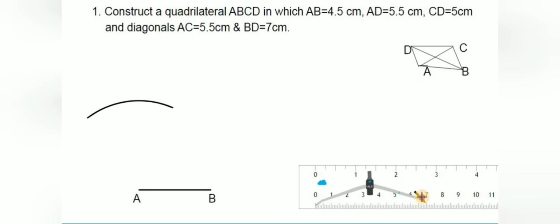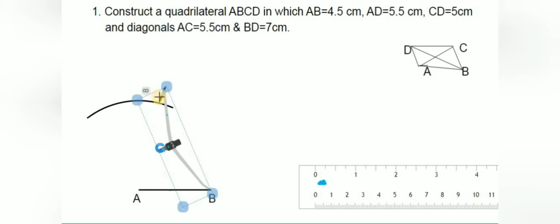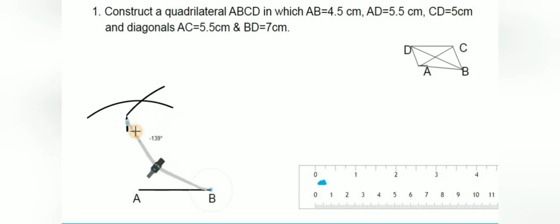Taking the measurement here, that is 7 centimeter. How does it come 7 centimeter? They are given the diagonal BD, so fixed at B, just cut the first arc. Here comes the point D. Yes, look at this.